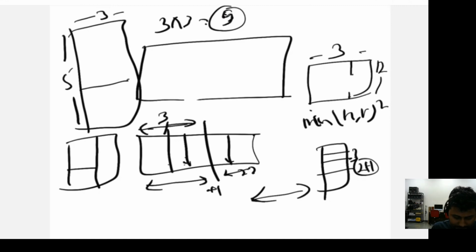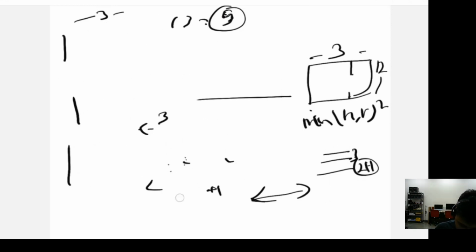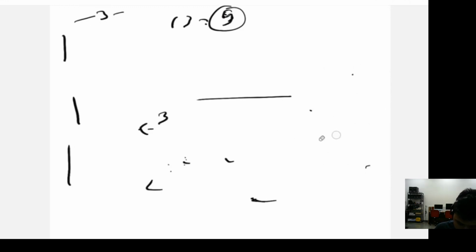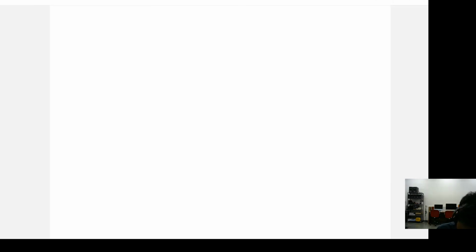So the thing is very simple. They will give you the indexes of lines. Just sort the indexes and count the maximum consecutive lines.